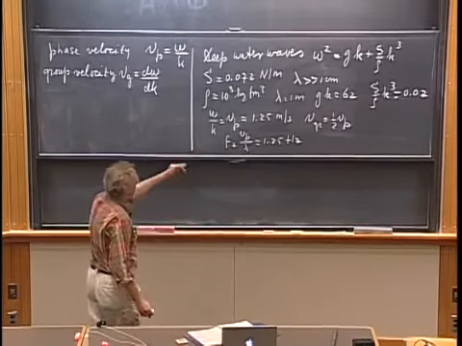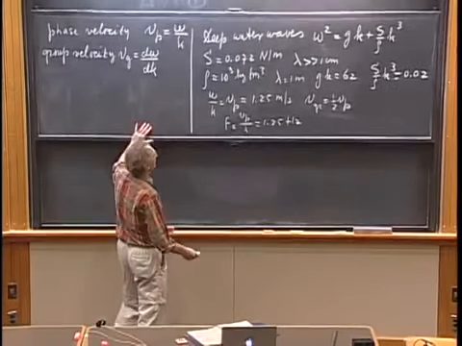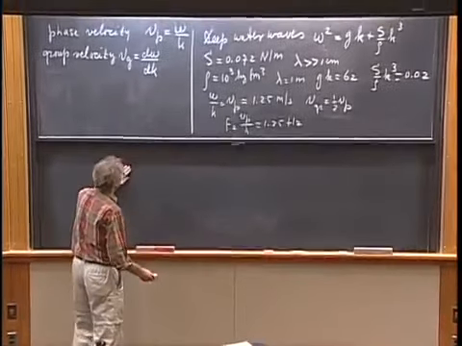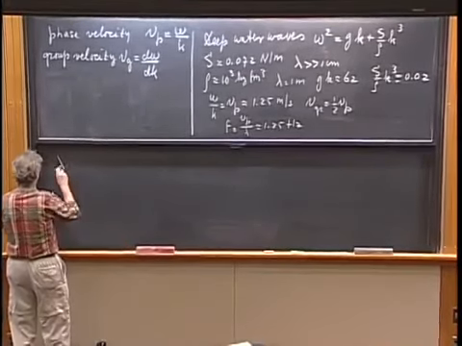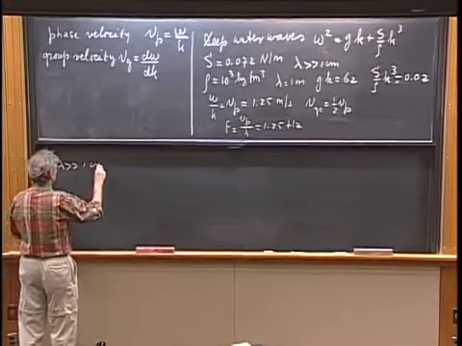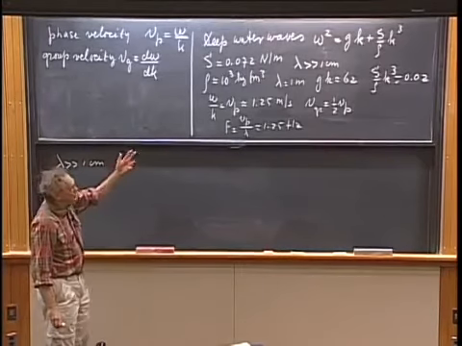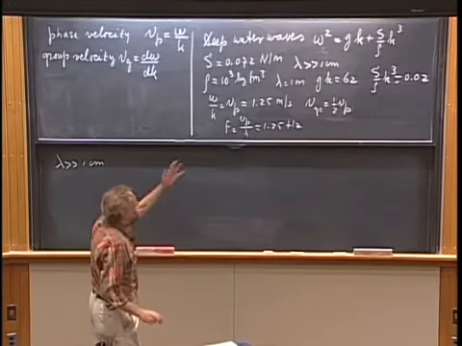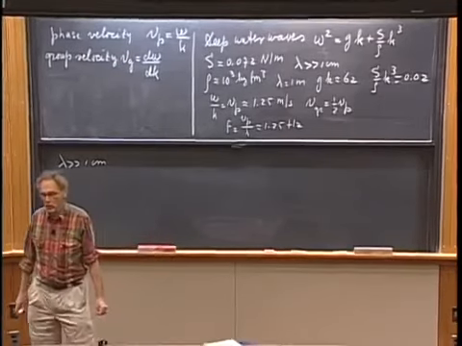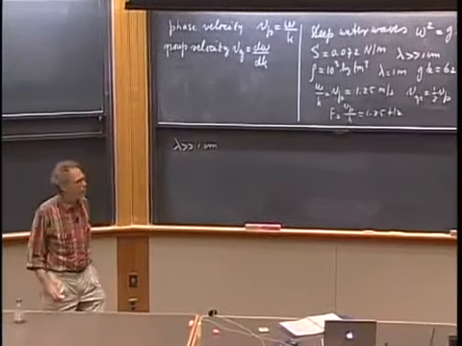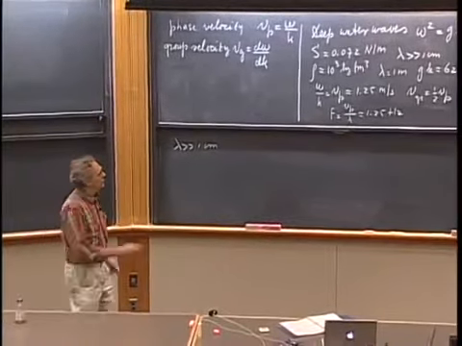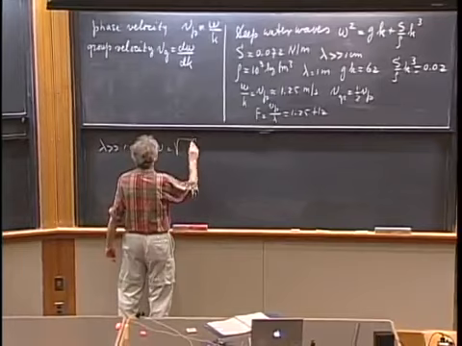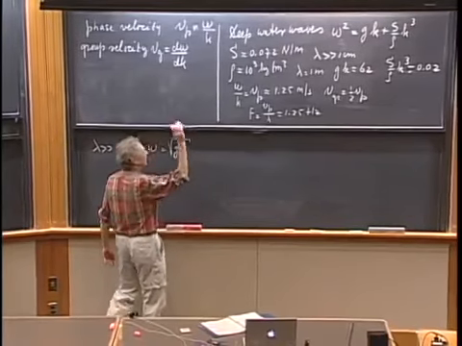If we have the case that lambda is much larger than 1 centimeter, I will continue here. I can use the dispersion relation, and I can calculate now what the phase velocity and the group velocity is in general terms. So I know now that omega, to a high degree of approximation, is the square root of gk, because I forget the S term.